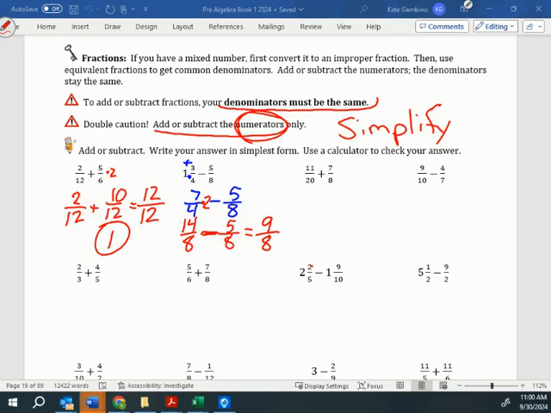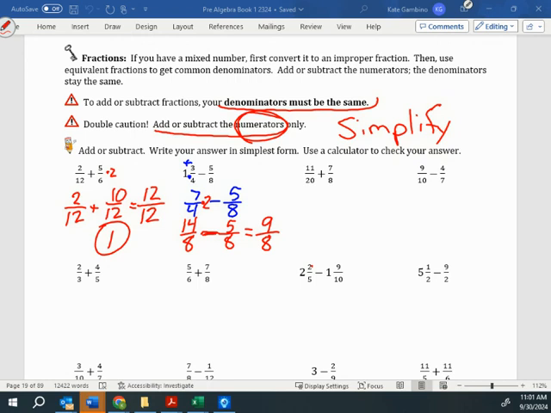So always check. We know that they are mixing in those adding and subtracting. Always, always, always double check your operation that you're supposed to do. You can leave it at 9/8. You can leave it improper, or you can change it to a mixed number. What would our mixed number be? Amala? 1 and 1/8.